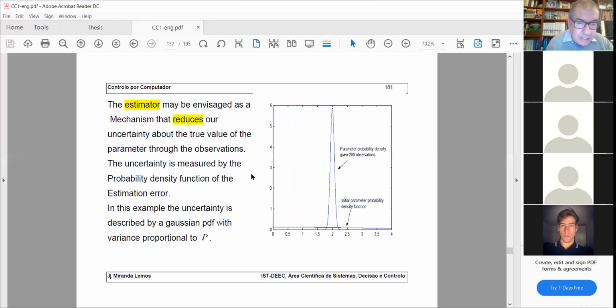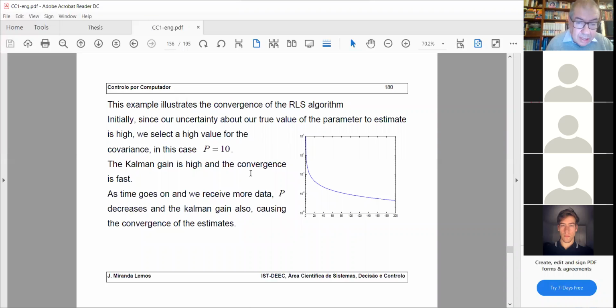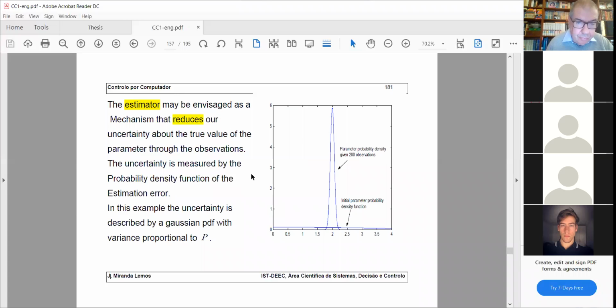Okay, so we have this thing, and remember that learning is reducing the error. I mean, learning is not just to get an estimate, it is to get an estimate for which the error covariance is small. You can see here, in the cases of linear models, of course, you can apply least squares to nonlinear problems.